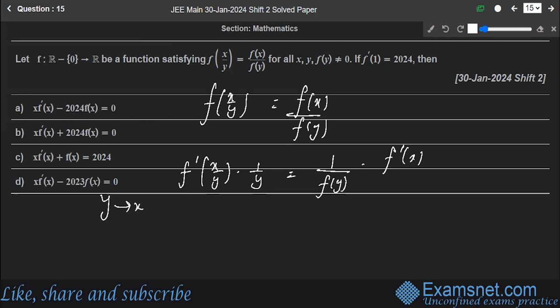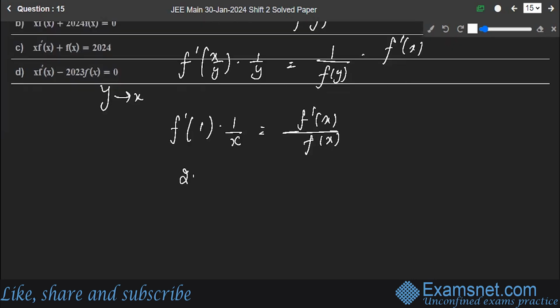As y approaches x, you will have f'(1) upon 1 into 1 upon x is equal to f'(x) upon f(x), right? And you have f(1) equal to 2024.